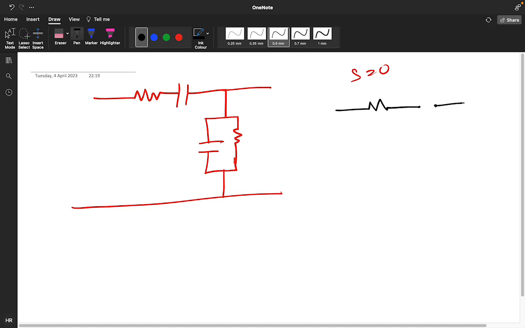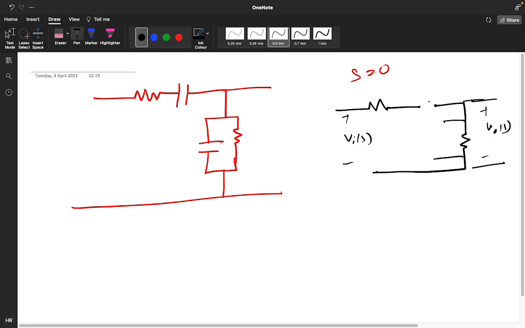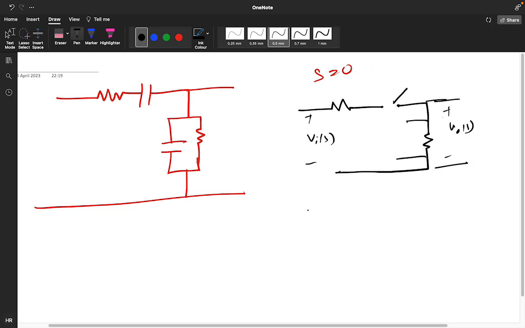It will be open, open again, open. Resistor is there, capacitor will be open. So current will be able to flow from Vi of s, and this is plus and minus V naught of s. No, because this is open, so there will be no flow, so V naught of s will be 0. And at s equals infinity, what is happening?